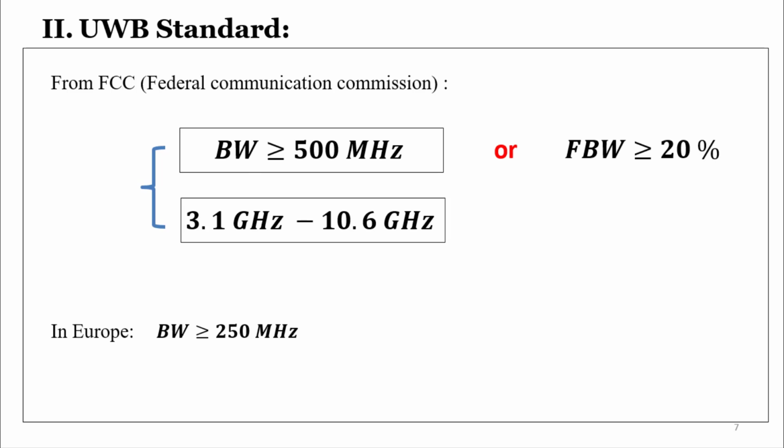If we have a bandwidth superior or equal to 500 megahertz, or if we talk about fractional bandwidth, we need a fractional bandwidth superior or equal to 20%. So that is the first condition.